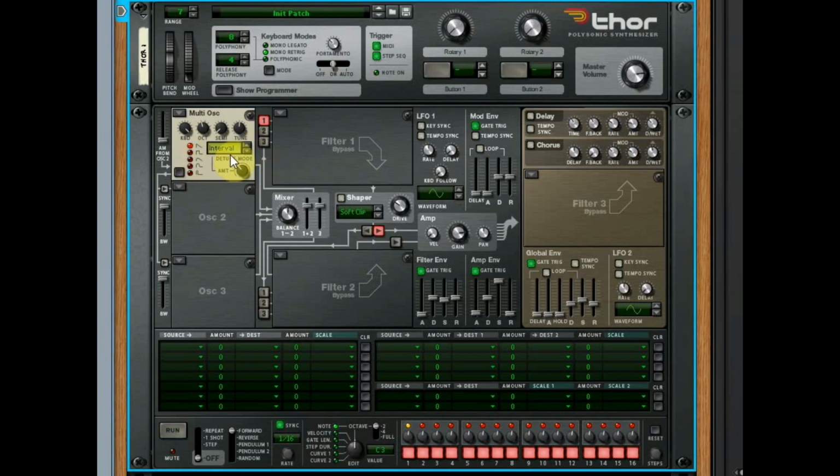So there's your first two. Interval detuning. You kind of end up with the same thing, I think, and then I believe it's going to continue with all of them.